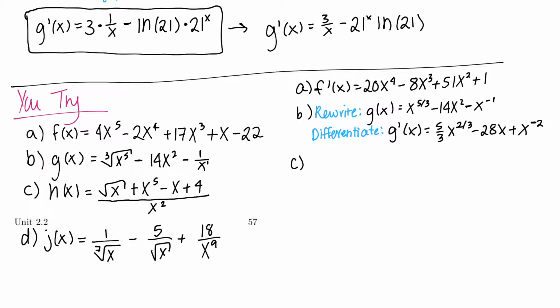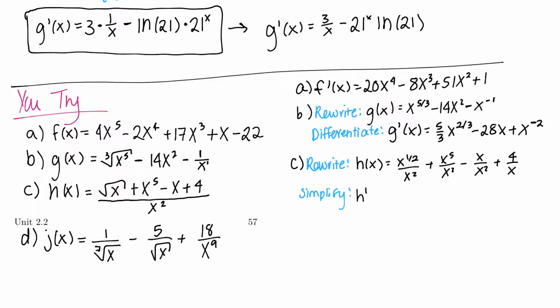For part C, we need to rewrite and then simplify. So rewriting this, the square root of x, that's the same as x to the 1/2 over x squared, plus x to the 5th over x squared, minus x over x squared, plus 4 over x. Then we're going to simplify, so we haven't taken the derivative yet. Oops, we haven't taken the derivative, so we're not going to put that prime there.